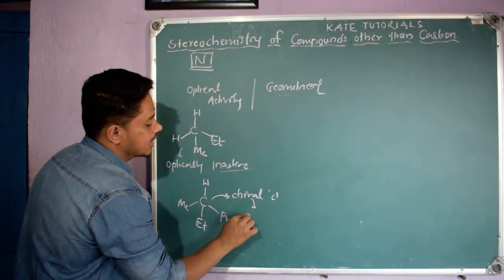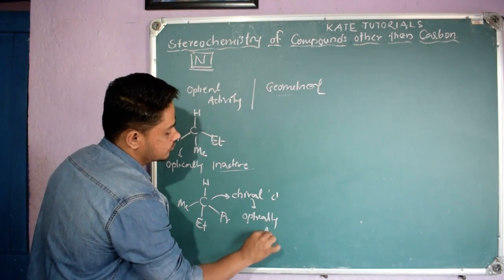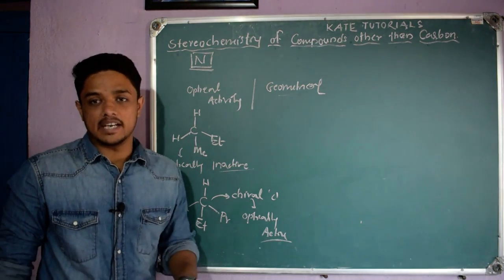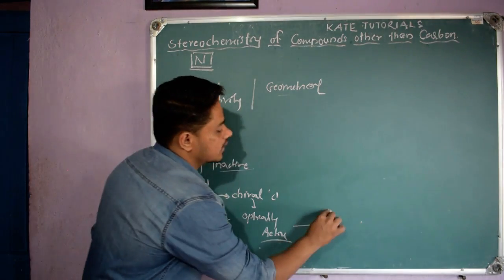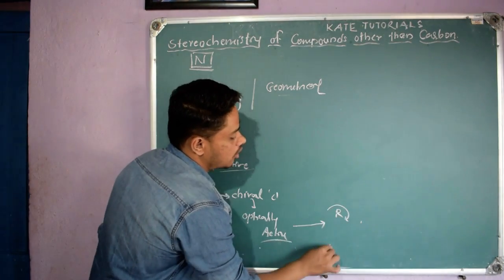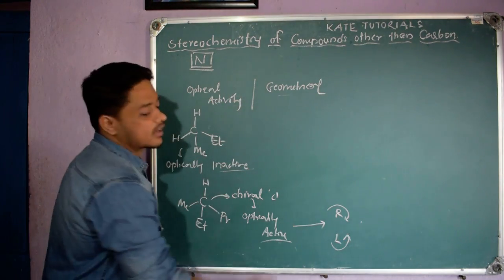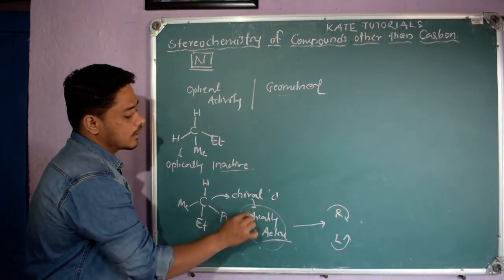That carbon will be optically active. What do you mean by optically active? It has the ability to rotate the plane polarized light towards right or towards left. Such compounds are called optically active compounds.